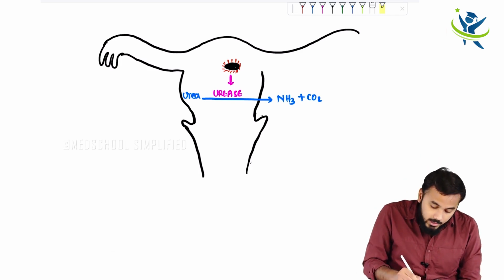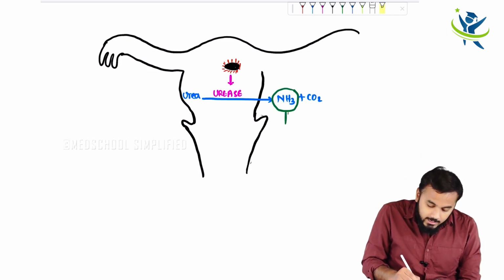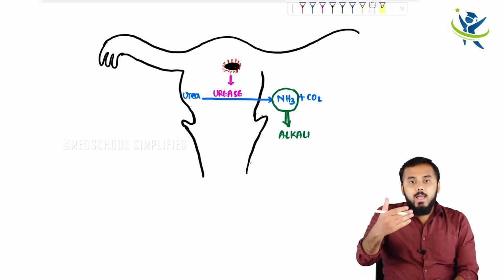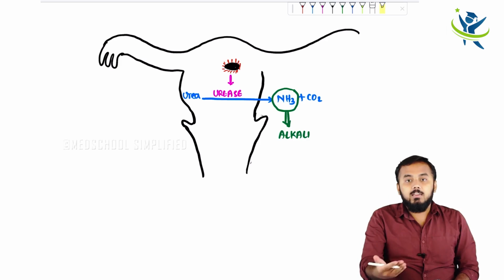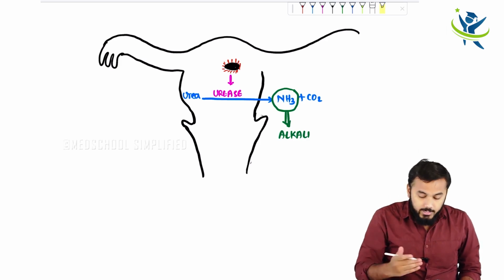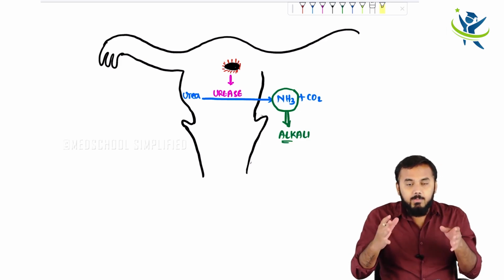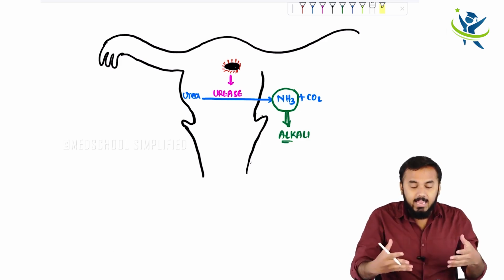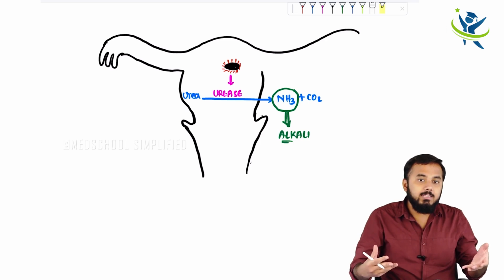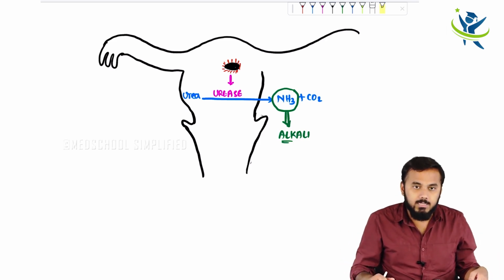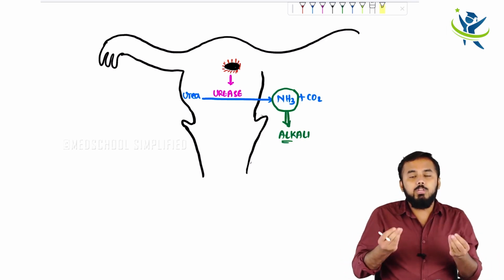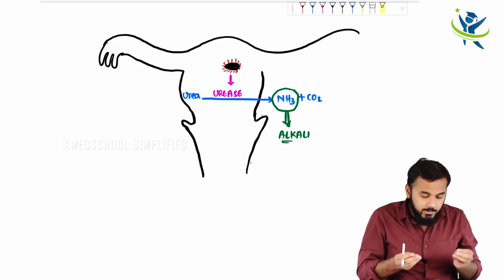Ammonia is acid or alkali? Ammonia is alkali. So the more the bacteria, the more the release of urease, and the more the release of ammonia. It means the entire female reproductive tract is becoming alkaline in nature. So in this alkaline environment, the bacteria can very happily survive. And this is how urease positive organisms survive in the female genital tract.